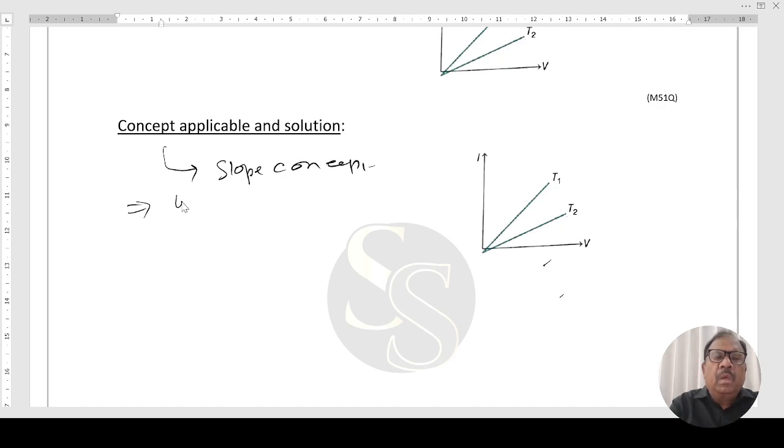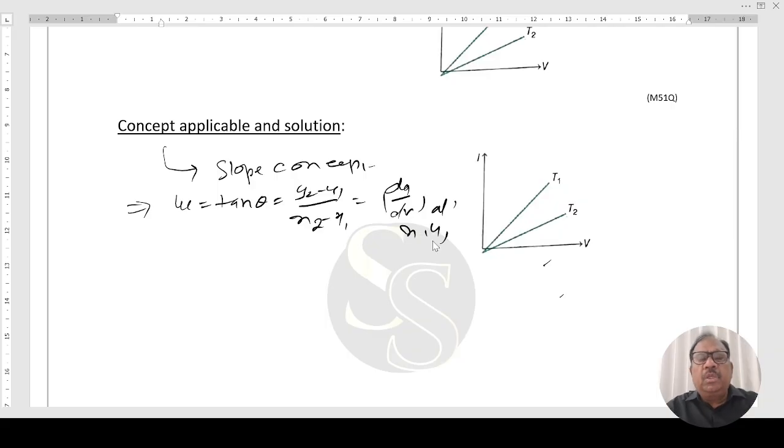That is m equal to tan theta equal to y2 minus y1 over x2 minus x1 equal to dy by dx at x1, y1. In this case, this is applicable. So this is theta 2, this is theta 1.